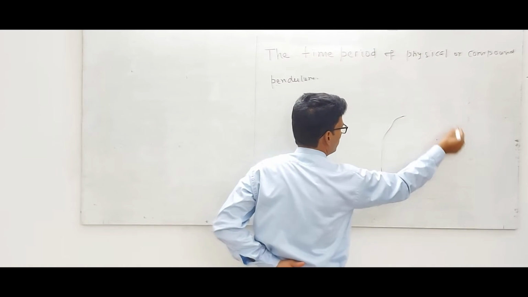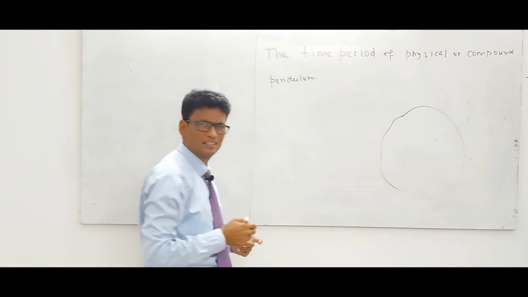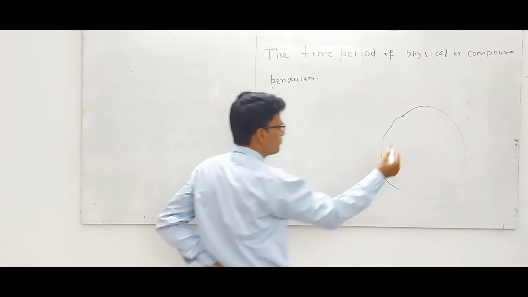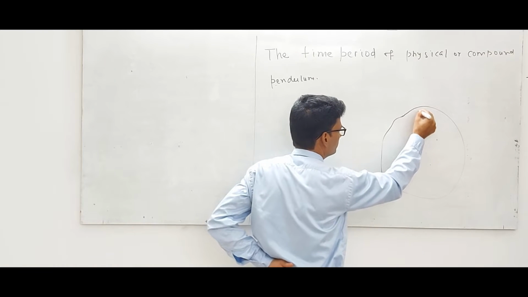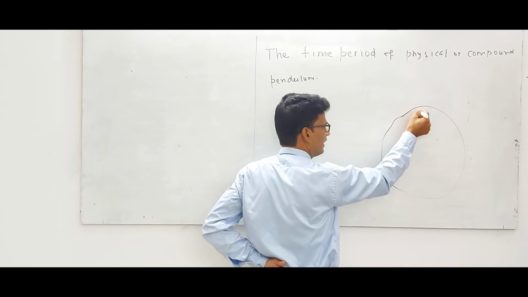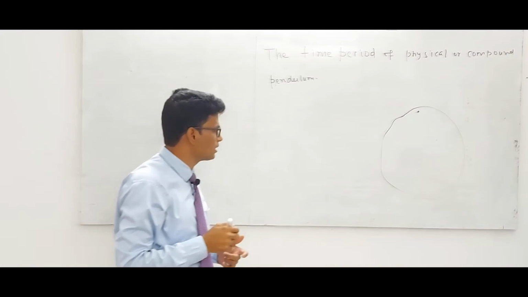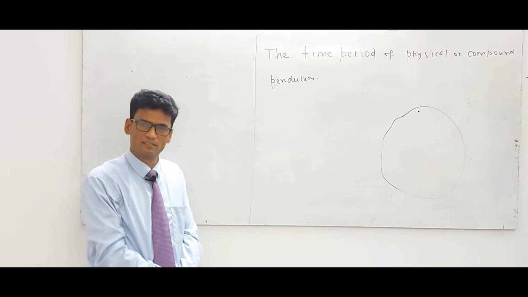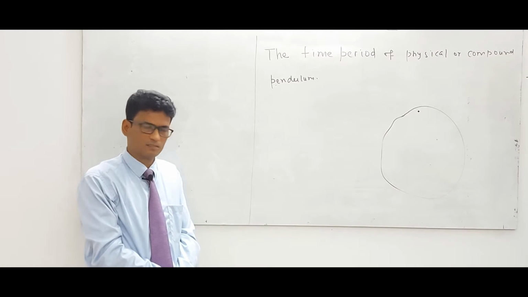Suppose here is a body of any geometrical shape. Suppose here is a small hole from which the body is hanged, and this point is known as the point of suspension, about which this body oscillates.